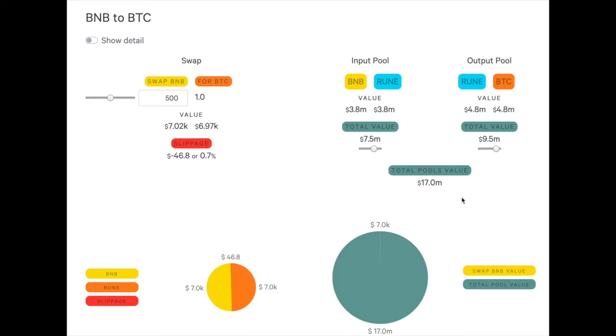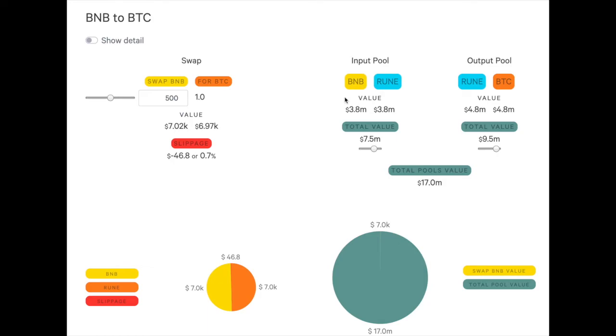You'll see again that we're looking at the total pools value here. The input pool has a total value of $7.5 million, split equally, as always, between the input and the output. And the output pool also has an equal split of $4.8 million of RUNE, $4.8 million of BTC.